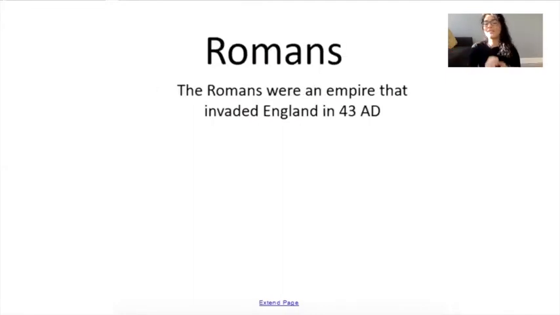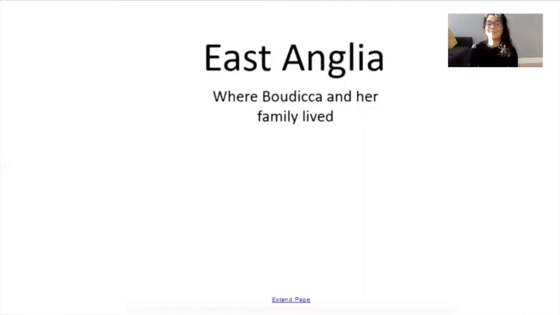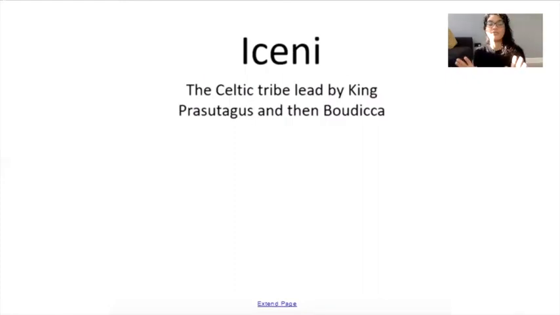Romans. The Romans were an empire that invaded England in 43 AD. Agreement. This means to come to an understanding. East Anglia. That is where Boudicca and her family lived. Right, boys and girls, I figured out how to say this correctly. Iceni.